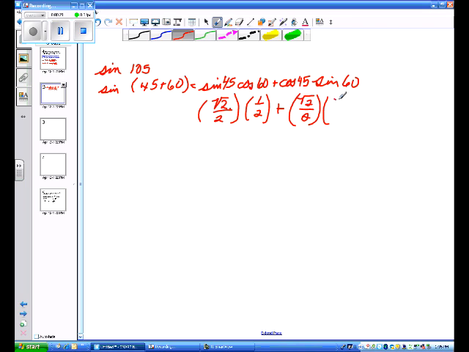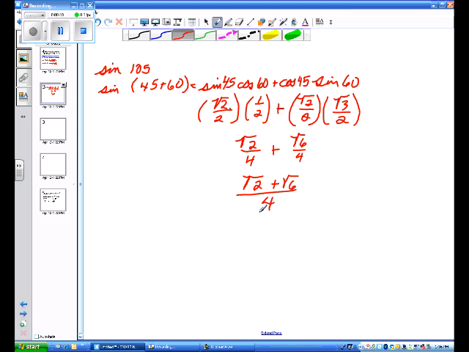Sine of 60, square root of 3 over 2, first quadrant, positive. So what we ended up with is the square root of 2 over 4 plus the square root of 6 over 4, which we would write as the square root of 2 plus the square root of 6, over 4. And that gives us an exact value for the sine of 105.